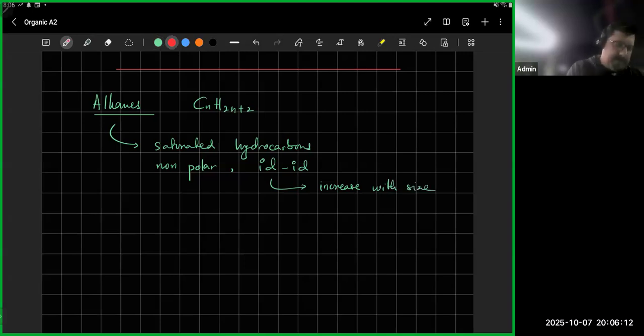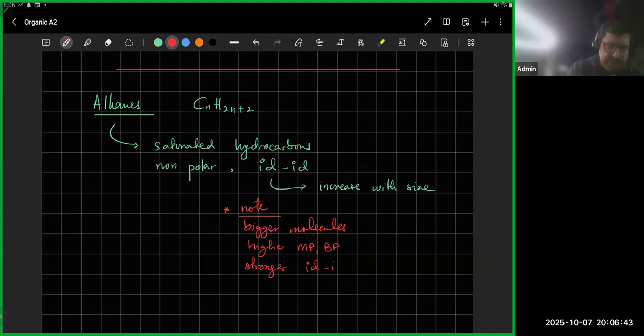Okay, यहाँ पे there's a point, ठीक है, that point is very important. That is that, and this applies to all organic compounds. ठीक है, whenever you have a bigger molecule, so not just limited to alkanes, it's going to have higher melting points, boiling points. It's going to have stronger ID forces.